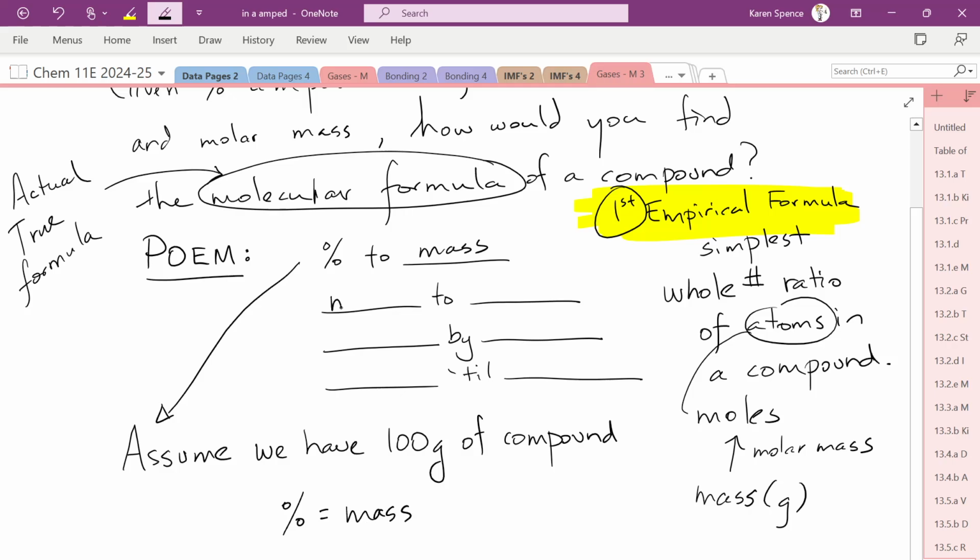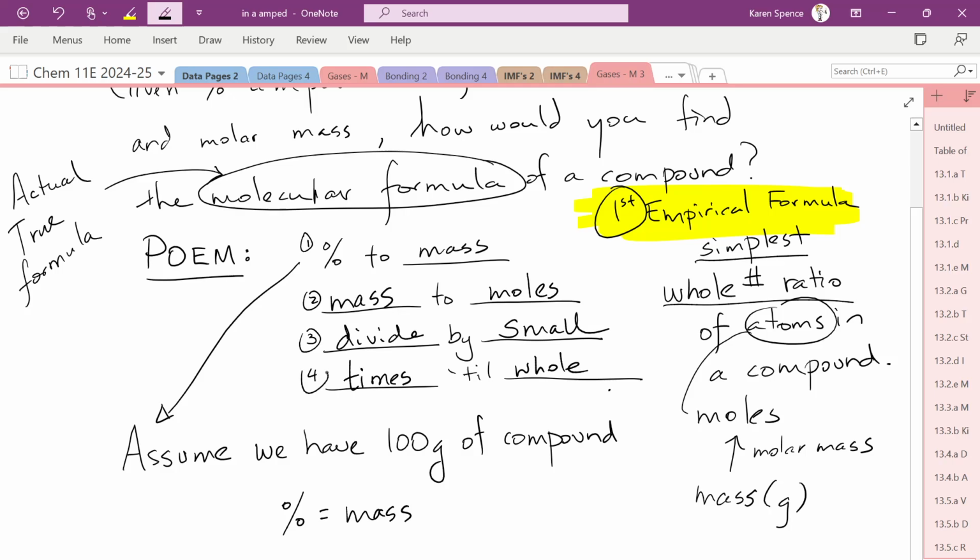And then we take our mass and convert it to moles. And then what do we do with that to find our simplest whole number ratio? We divide by the smallest. And then we multiply till whole. So if you don't get whole numbers after step 4, you would have to multiply until you get a whole number.